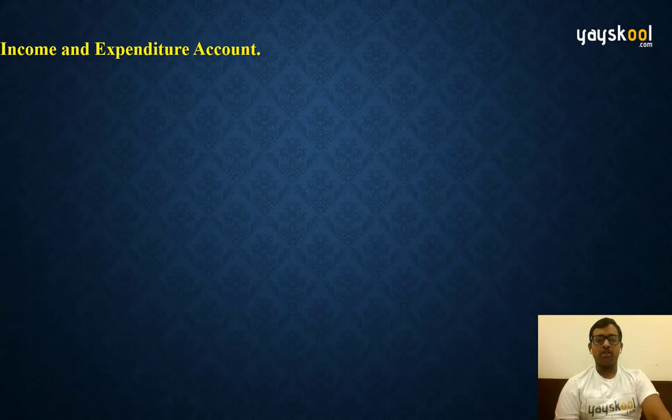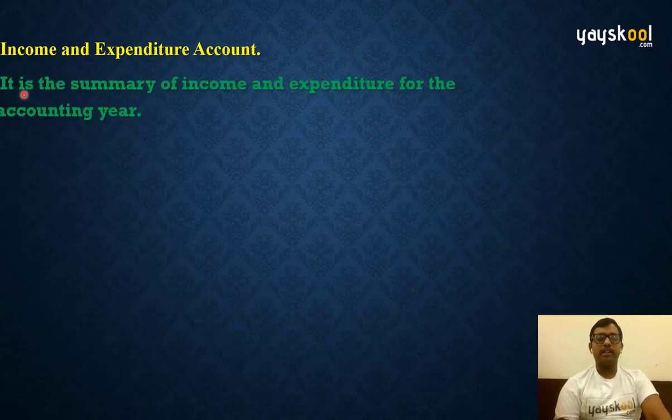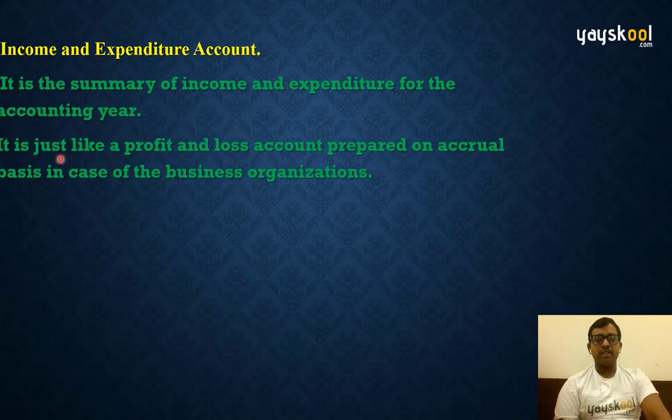Second is income and expenditure account. It is the summary of income and expenditure for the accounting year. It is just like a profit and loss account prepared on accrual basis in the case of business organizations.